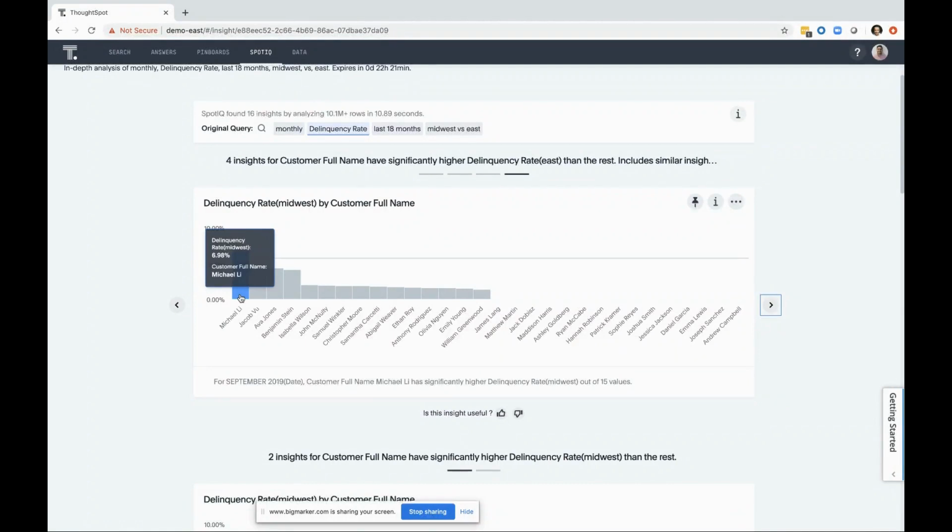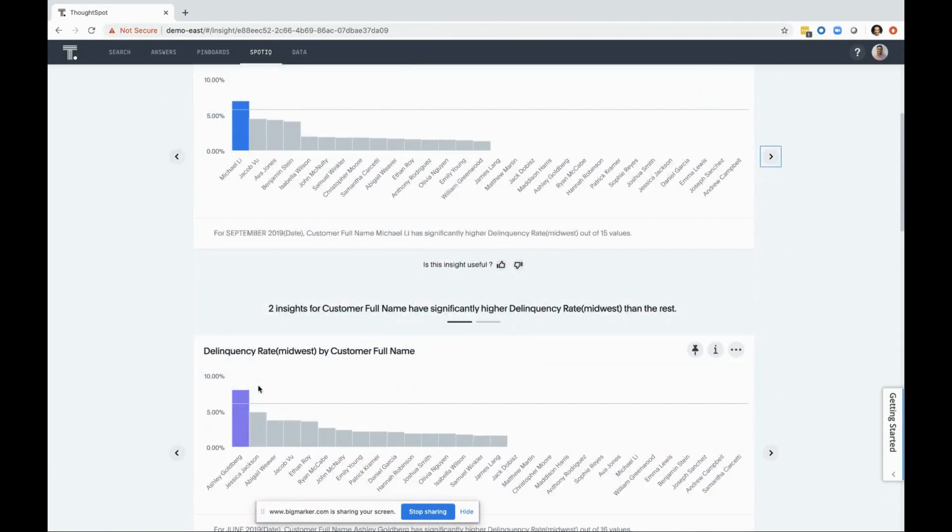Michael Lee in this example, in a certain month of September, stood out in terms of the delinquency rate, both in Midwest and East, okay, two different regions. And this is the sort of thing that you may never see in your day-to-day analysis, but it could be fraud, it could be a bad customer. And Spot IQ is a perfect solution and support in finding those hidden insights, so you can take subsequent action on it, right?